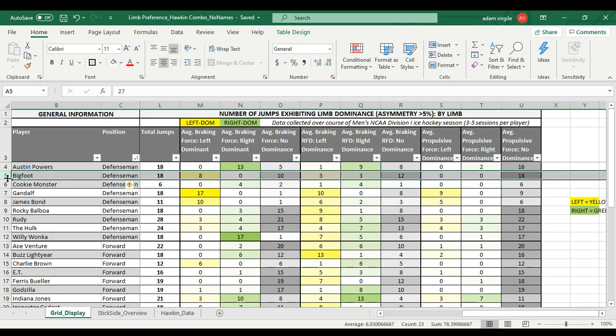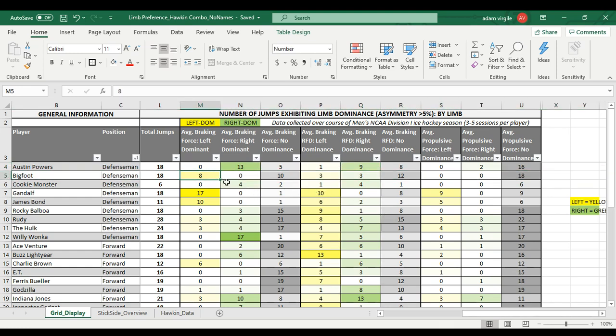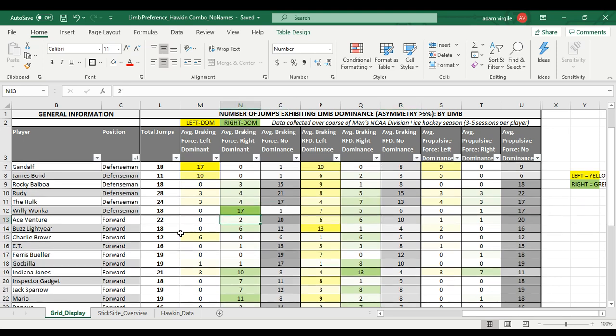But another guy, for example Bigfoot, has 8 left dominant profiles according to the average braking force metric, 10 no dominance. Whereas in average braking RFD, he's got 3 left dominant jumps, 3 right dominant jumps, and 12 no dominance jumps. And you can see this across the board as well. This guy, Ace, oh man, that should say Ace Ventura, messed up. So 0, 2, but we have 6 and 6 according to braking RFD.